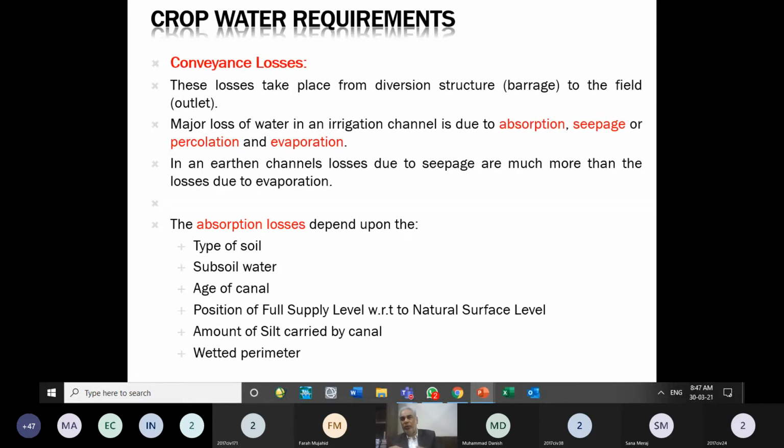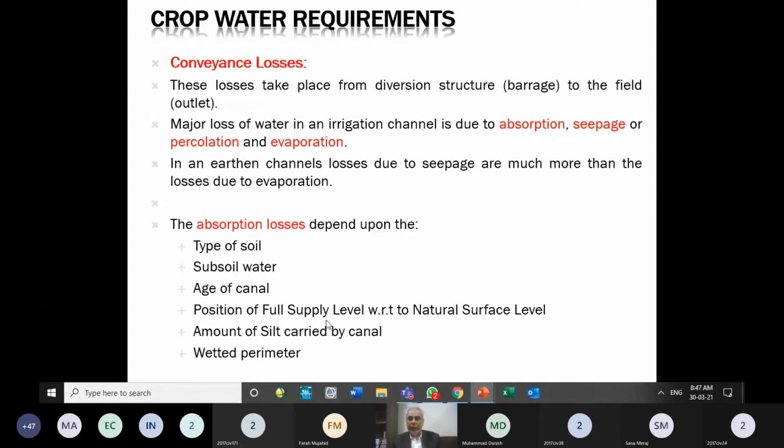In comparison to that, we put a canal at a higher bed, put soil over there, compact it, and then run the canal. That is a canal in filling. So if the canal bed is higher than the natural topography, more seepage is expected to occur, because we cannot compact the soil in a good way, and there are more chances of bank erosion and bank breakage, which will cause more seepage losses.